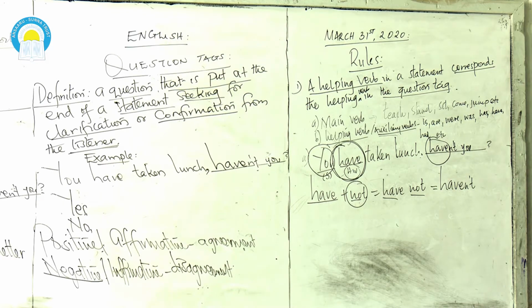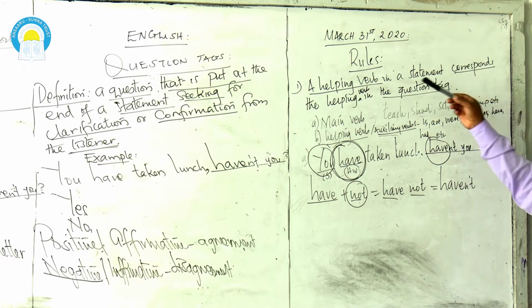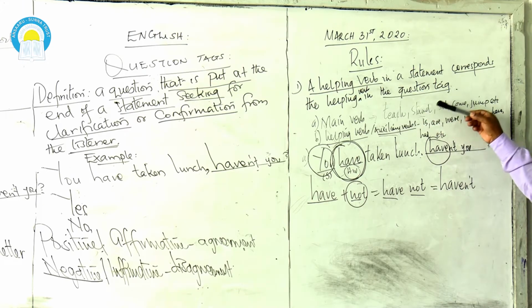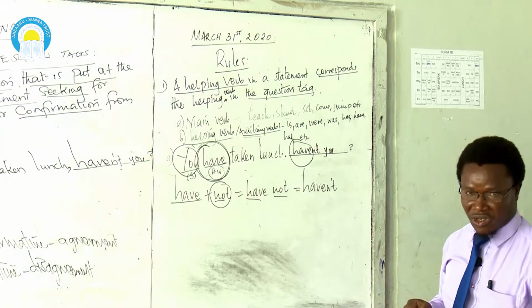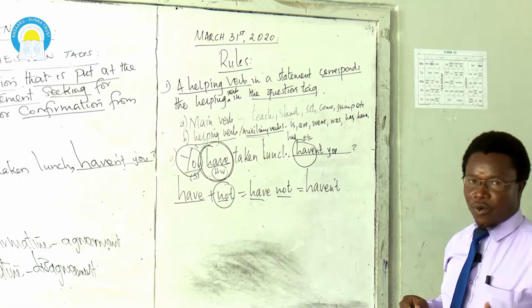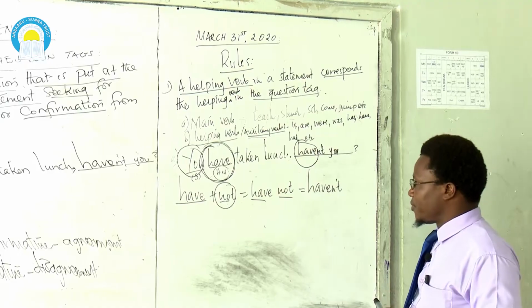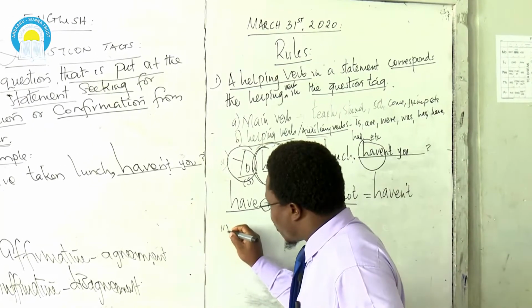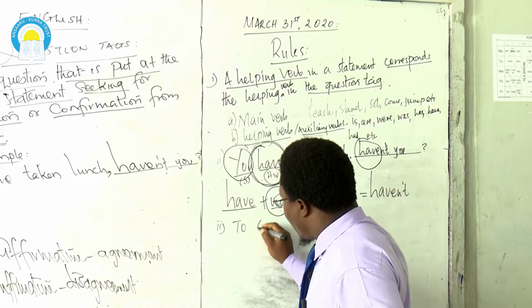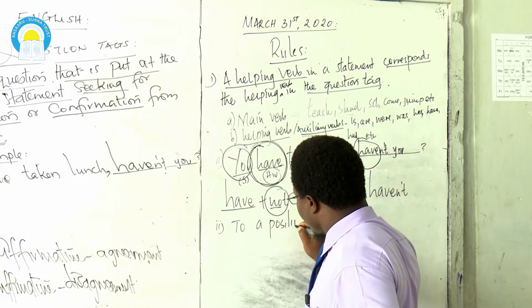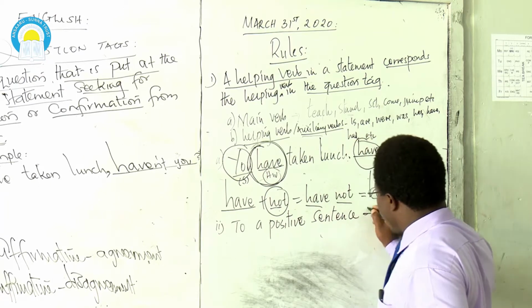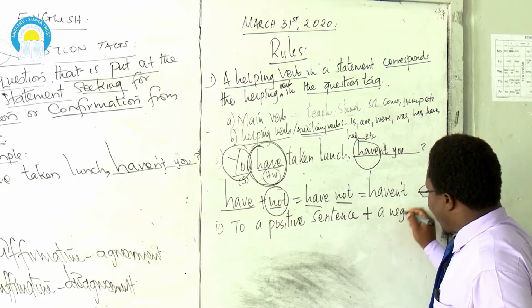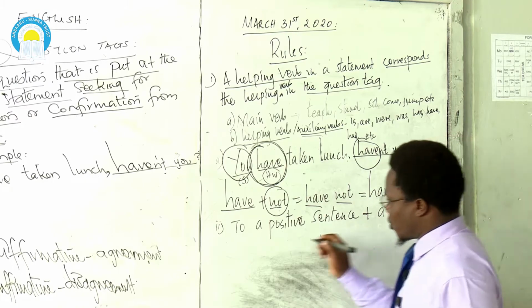That's why I've said that a helping verb in a statement corresponds to the helping verb in the question tag. Though there are exceptions, as we shall see in our subsequent rules. There is something I've mentioned that to a positive sentence, add a negative question tag.